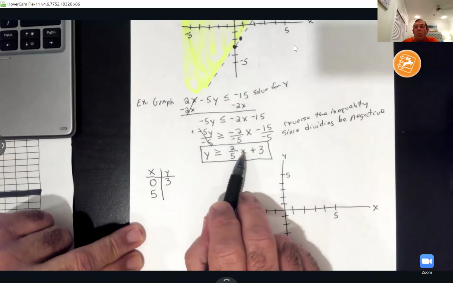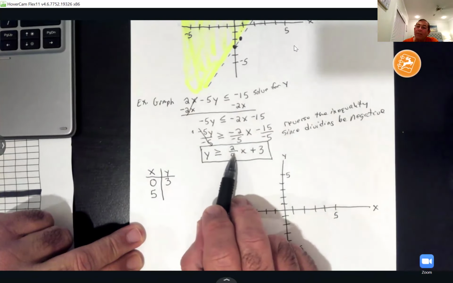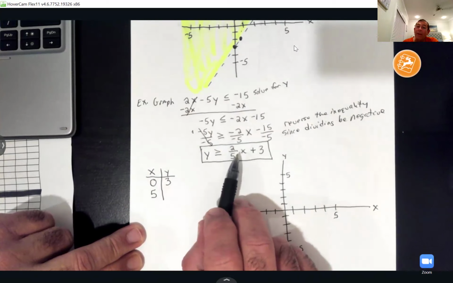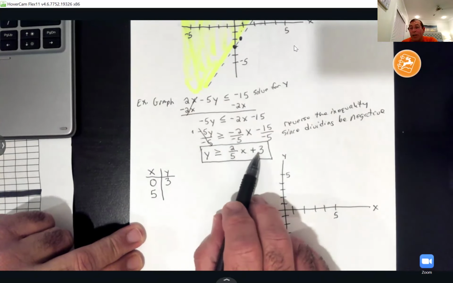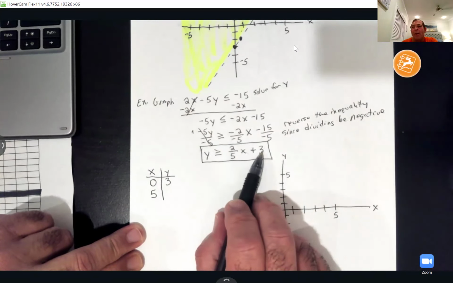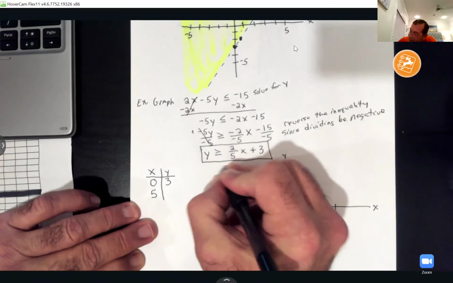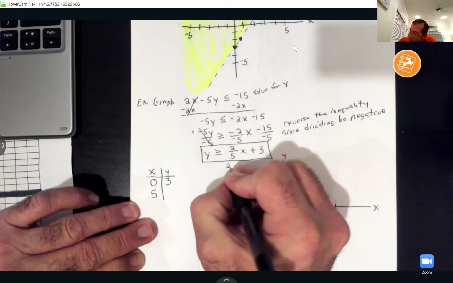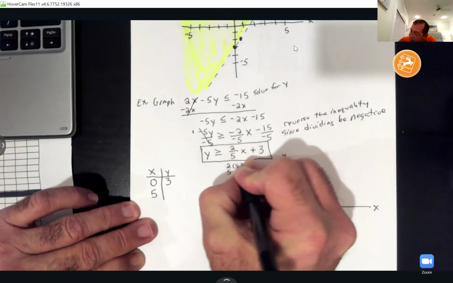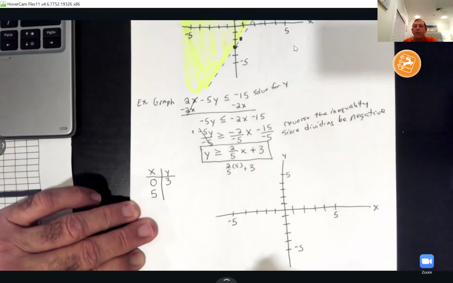Because y'all, if you use a 1 here, 1 times 2/5 is 2/5. 2/5 plus 3, well, you're going to have to find a common denominator and all that fun stuff. So watch when I put my 5 in. I'm going to have 2/5 times 5 plus 3.